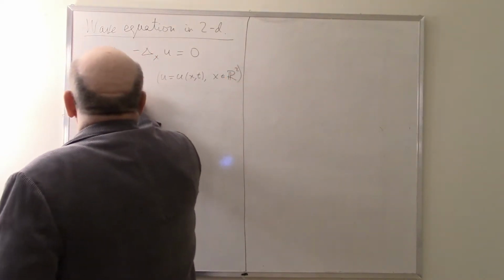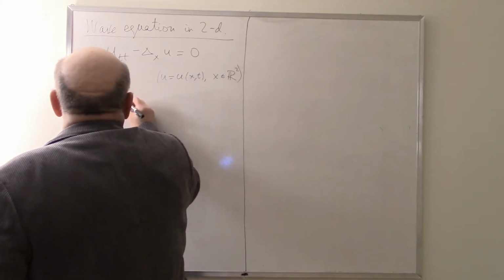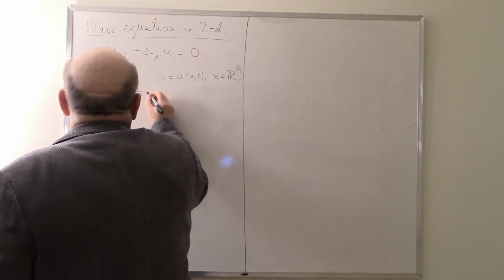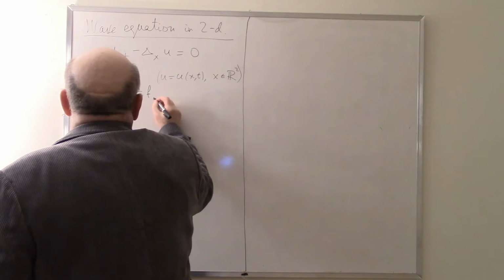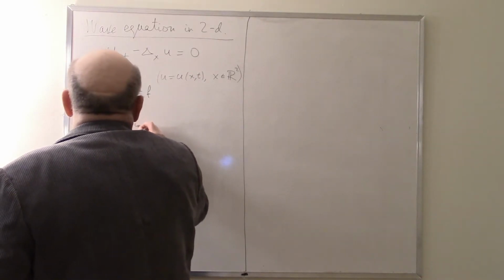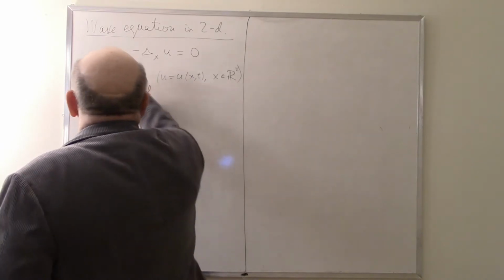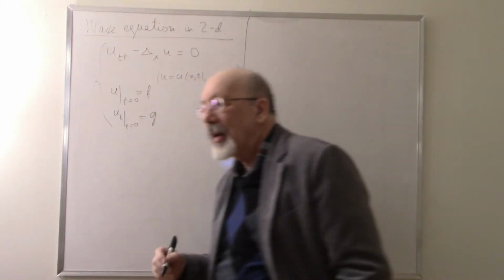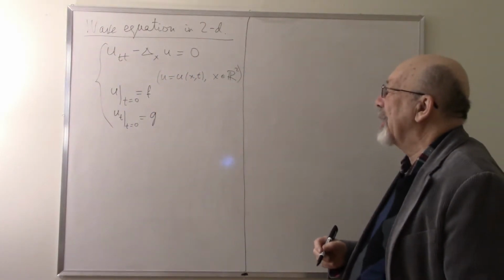And the initial conditions: u for t equals 0 equals f, u_t for t equals 0 equals g. So this is our initial value problem.